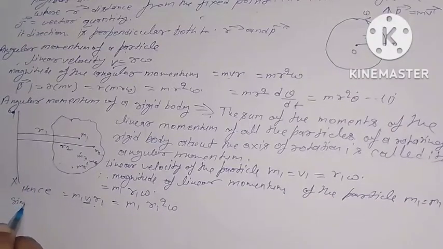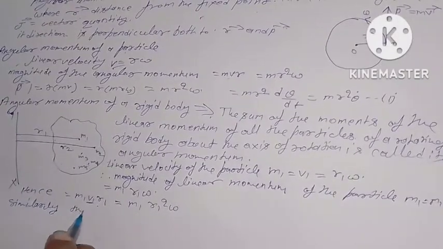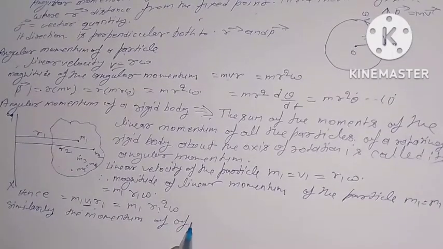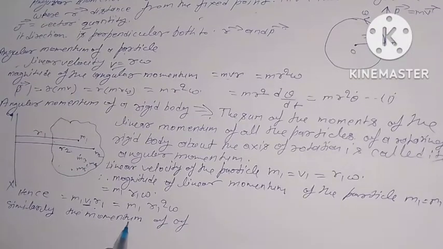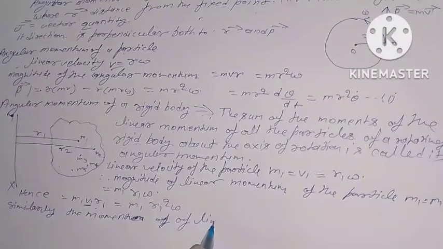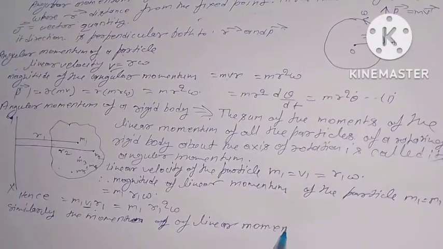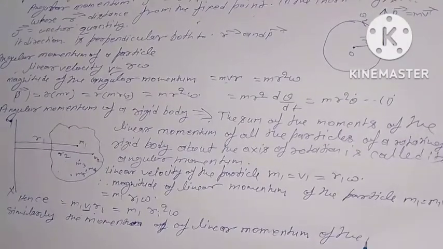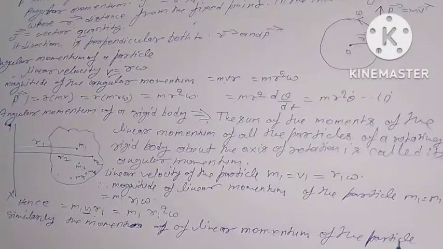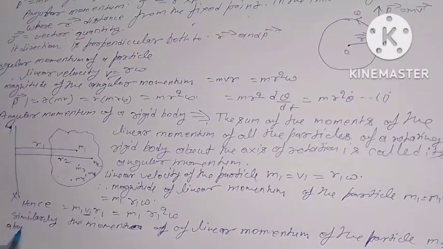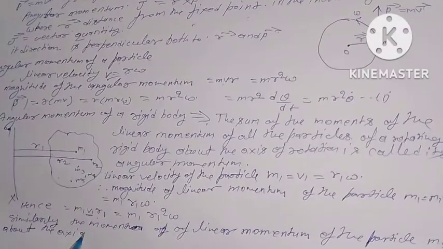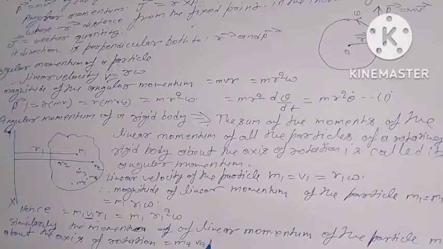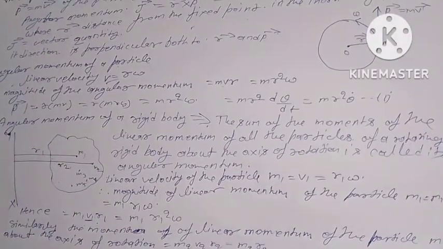Similarly, the moment of linear momentum of the particle M2 about the axis of rotation equals m2 v2 r2, equal to m2 r2 square omega.